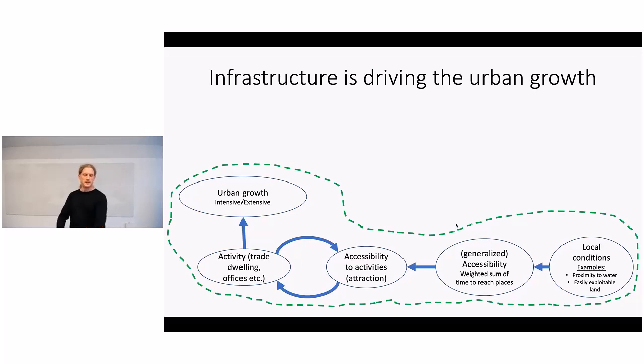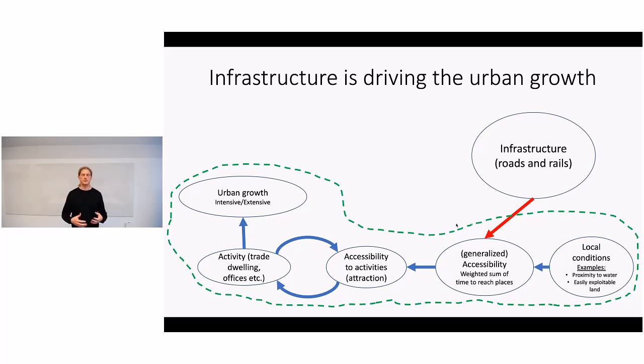Down here you can see the last slide, but presented in another way. I had to rearrange it. And as the heading is revealing, we have this missing link, which is infrastructure: the roads, the rails, paths, cycle paths, etc. Those are the ones creating this accessibility that makes it easier and quicker to reach different destinations.